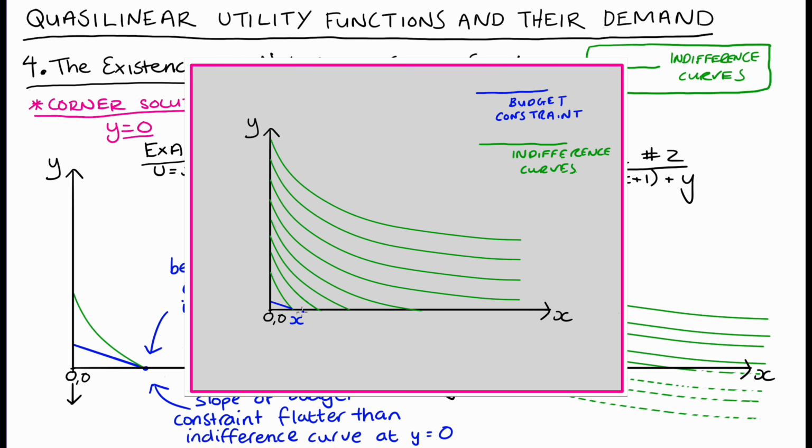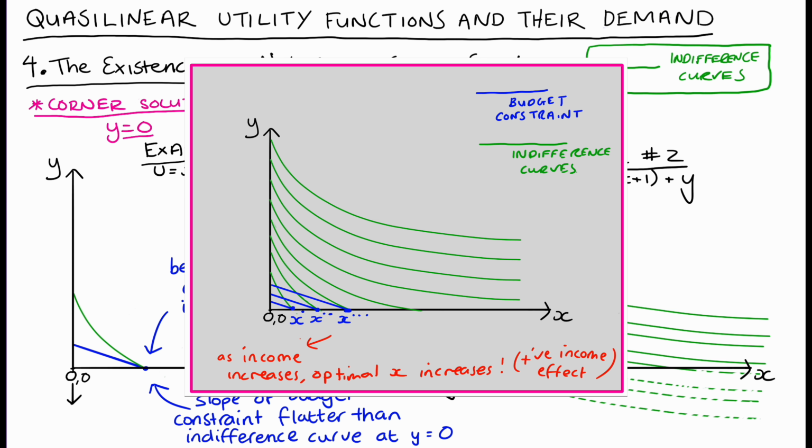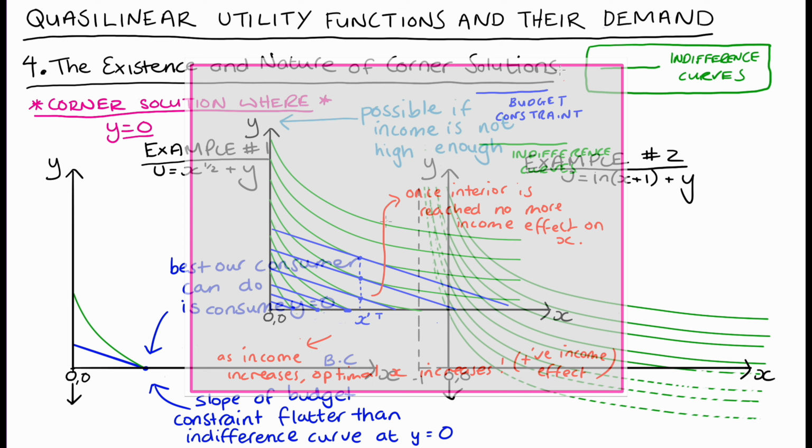At low levels of income, we're only going to be consuming x, will be at that corner. So, if we increase income, the consumption of x will increase. So we will get an income effect until our income is high enough to purchase that x star associated with the tangency point. And then after that, we won't have an income effect.